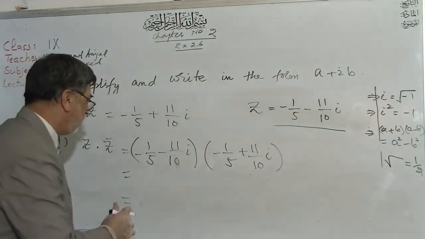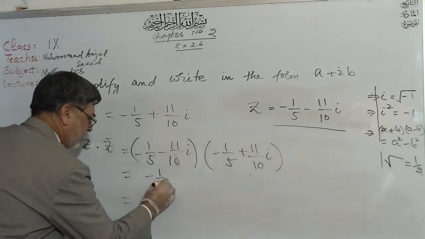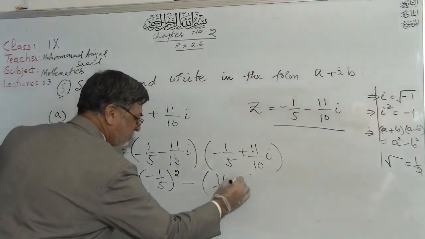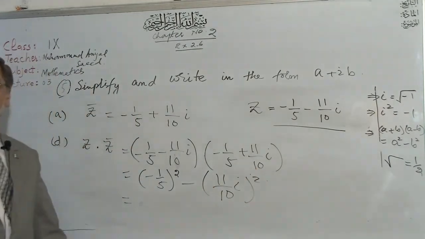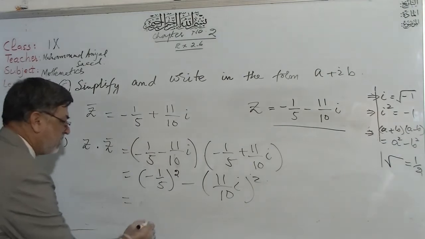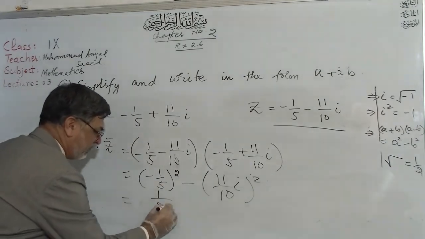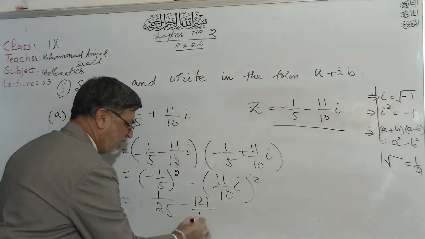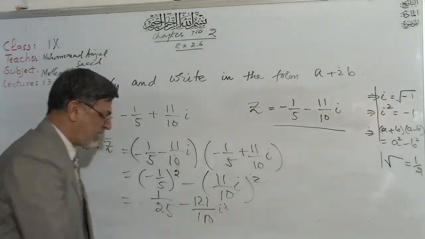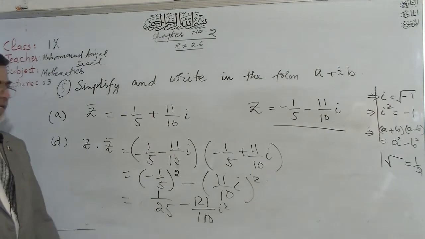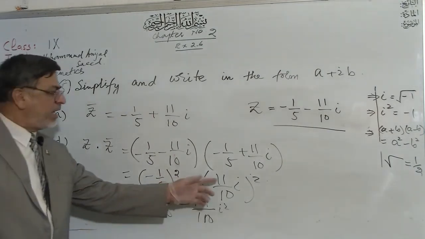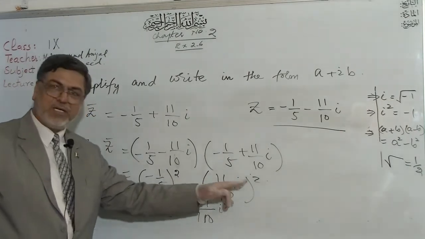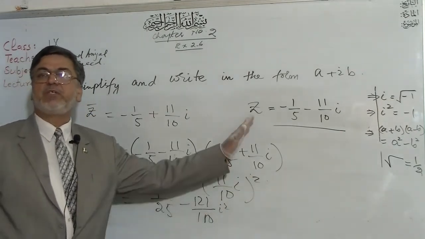First square, what is first? Minus 1 over 5. First square minus second square. Here, take the square: 1 over 25 minus 121 over 100 iota square. Taking the square, actually you have to take the square of 11 iota and distribute this power to all.